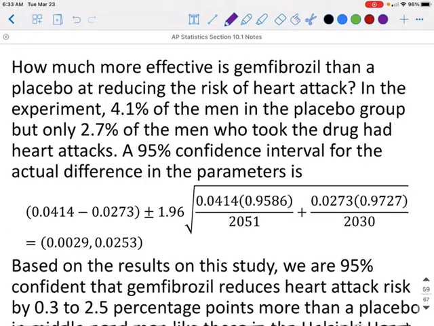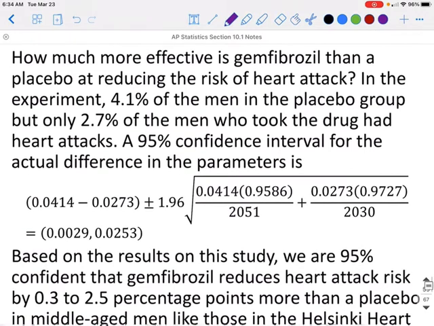How much more effective is the medication than the placebo at reducing the rate of heart attacks? In the experiment, 4.1% of the men in the placebo group had a heart attack, while only 2.7% of the men who took the drug had a heart attack. A 95% confidence interval for the actual difference in the parameter can be shown below. So they took p hat 1 minus p hat 2 plus or minus z star times the standard deviation.